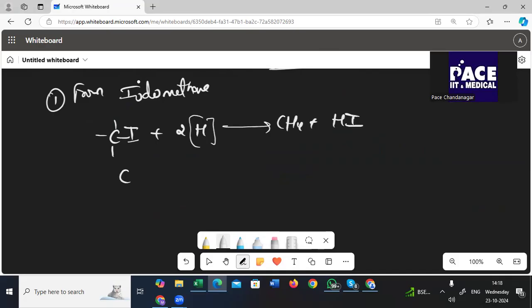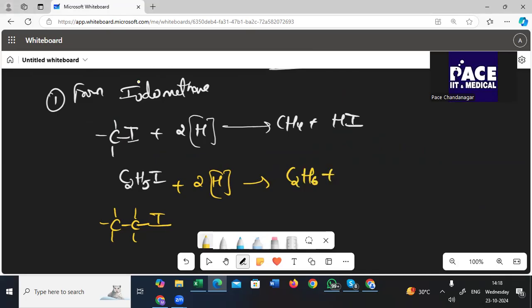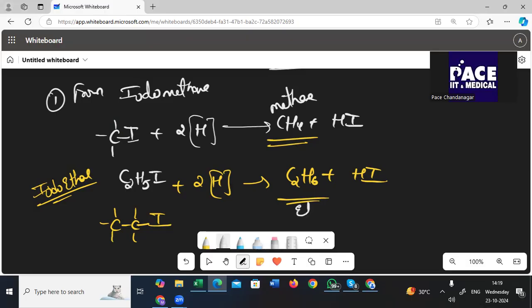Similarly, it is C2H5I, iodoethane. It is two carbons and then five hydrogens with I. Plus hydrogen here will give you C2H6 plus HI. So you're preparing your methane and ethane. This is methane and this is ethane produced by these.